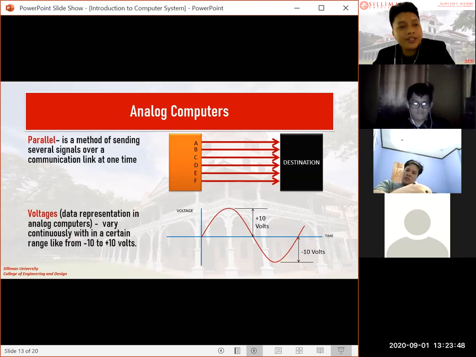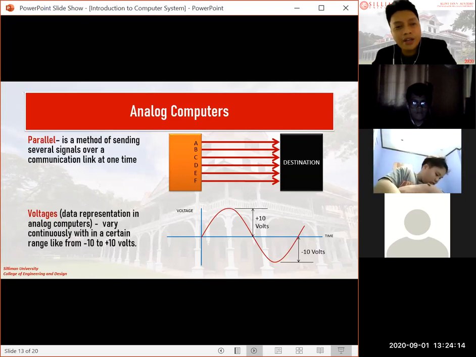So data representation in analog computers varies continuously within a certain range like -10 to positive 10 volts. You can just imagine using trigonometry, integration and differential equations to calculate the storage devices that you would have during that time when we had analog computers. That is why only genius people could handle those computers, because it requires lots of computations by itself.